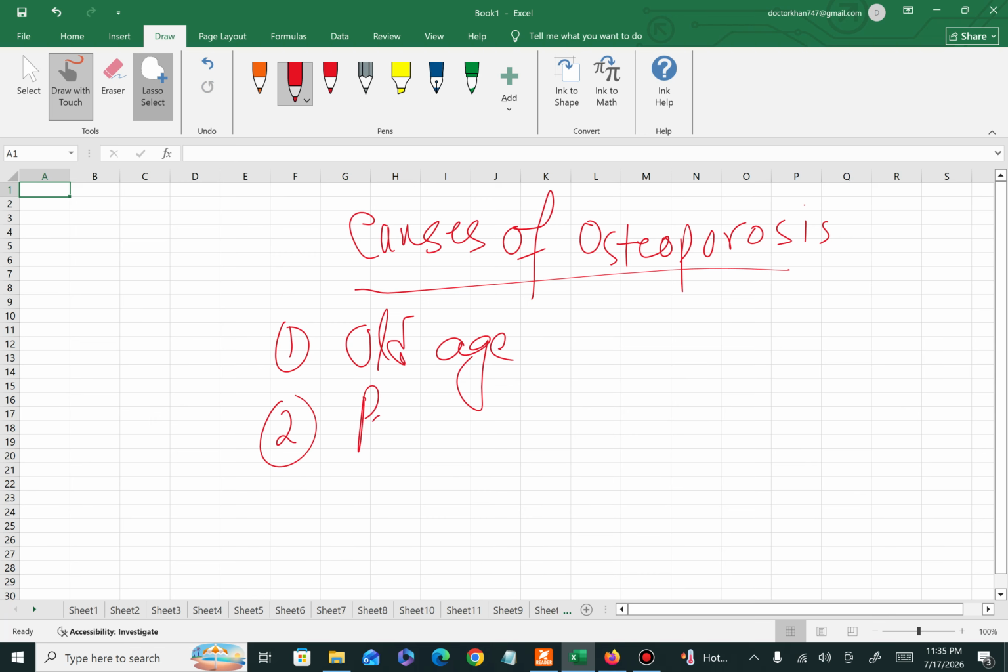Then postmenopausal female, due to low estrogen.